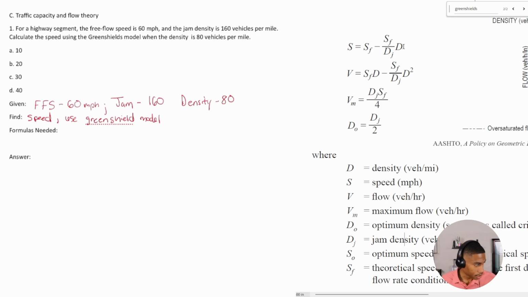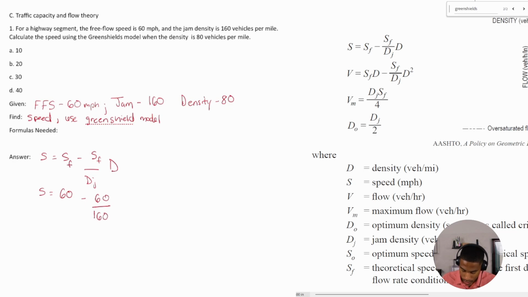So let's go ahead and solve it out. S is equal to SF minus SF over DJ times D. S is equal to 60 minus 60 over 160 times 80.